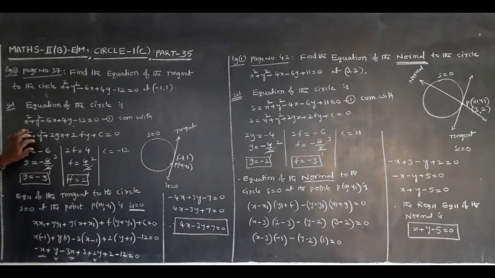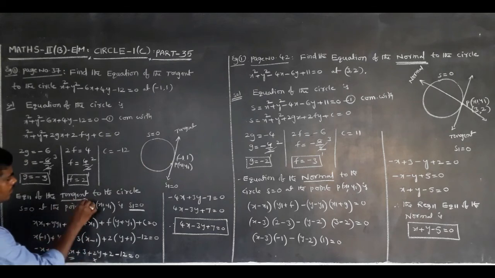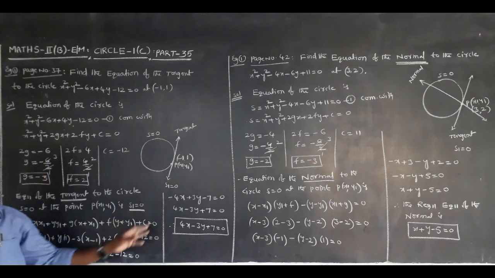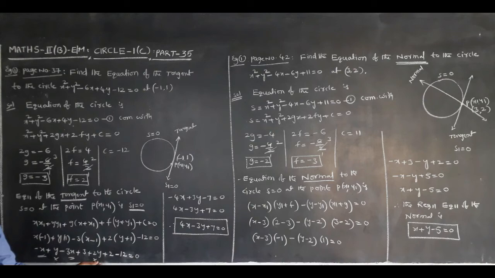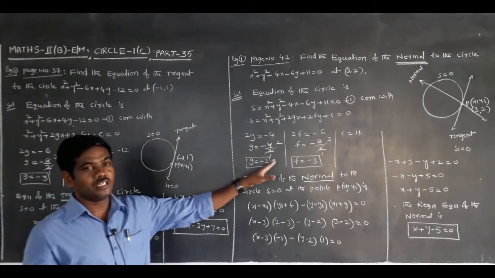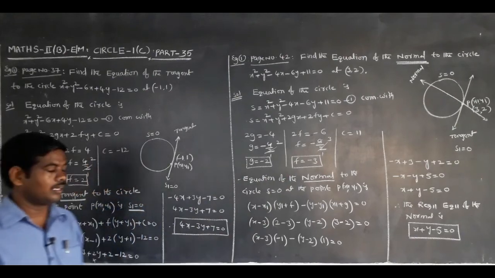The first step is to find the equation of the tangent to the circle S is equal to 0 at the point P(x1, y1). This is the difference between tangent and normal.